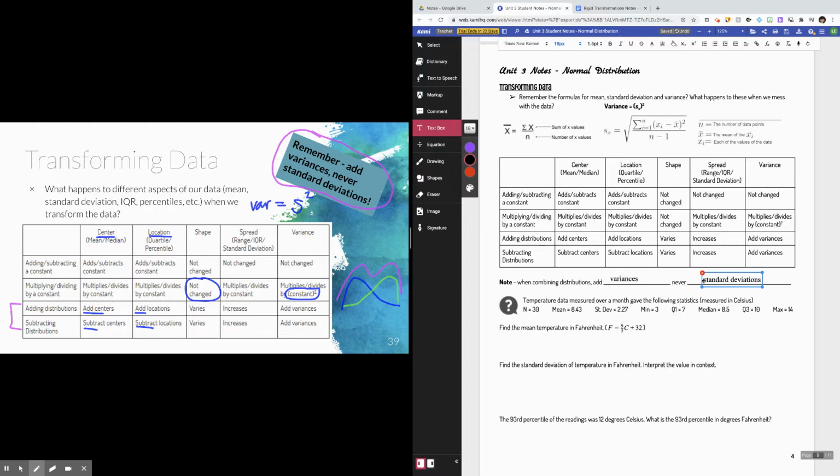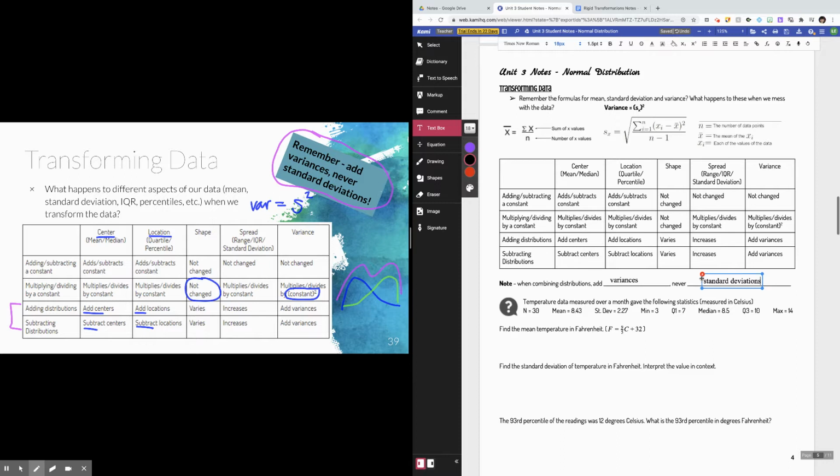Just trust me, it doesn't work, just because of the way that standard deviation is calculated. Okay. So you always add variances. And then if you want to figure out what your new standard deviation is, you would add the variances and then take the square root of your new variance to find the new standard deviation.